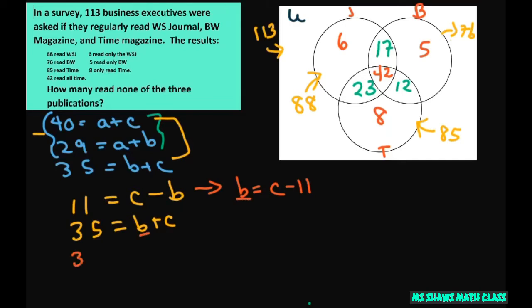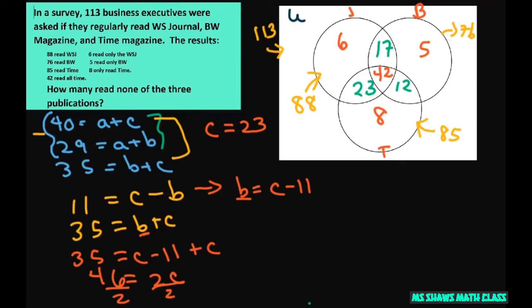You get 35 equals C minus 11 plus C. So you get 2C equals 46. So C is going to equal 23 when you divide both sides by 2.